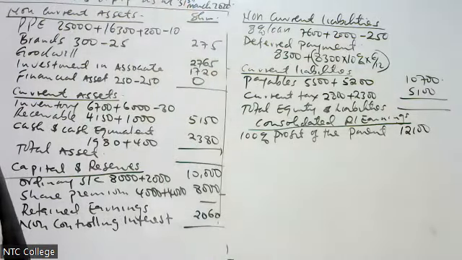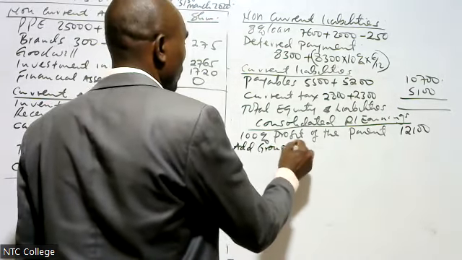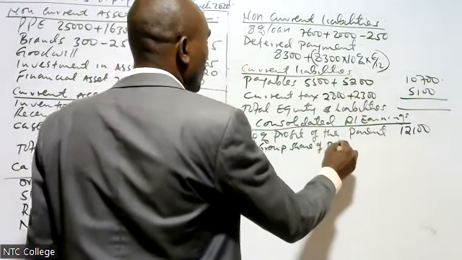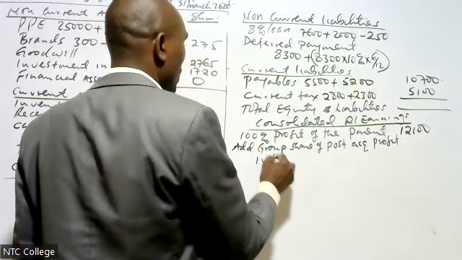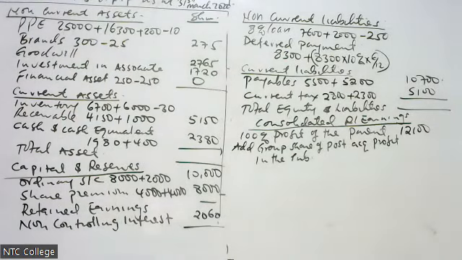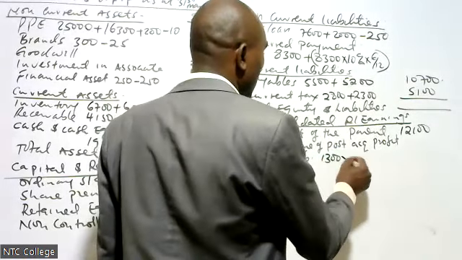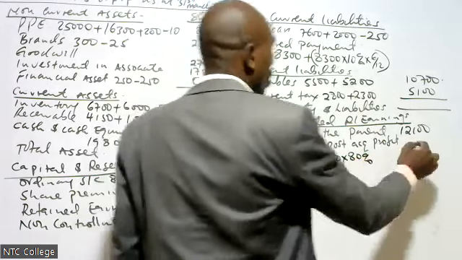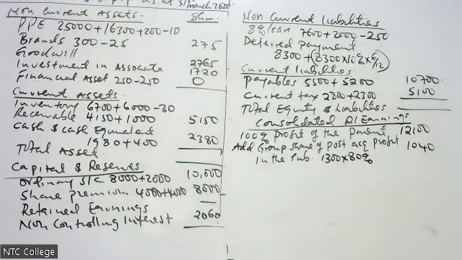Then you add group share of post-acquisition profit in the subsidiary. Of course, it was 1,300, which we already computed, times 80%. We got 1,040 like that.